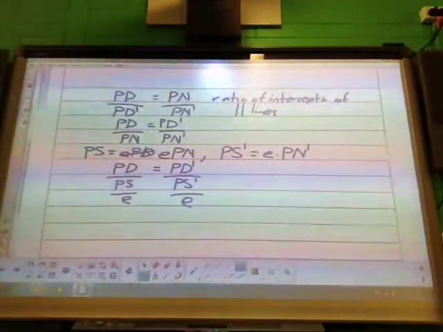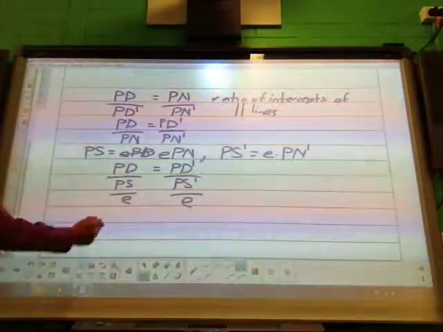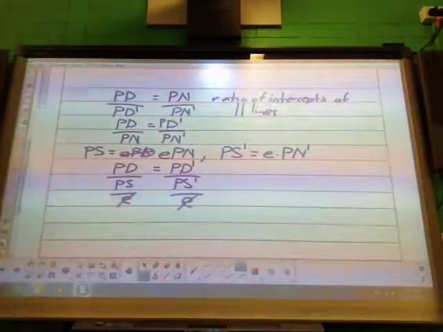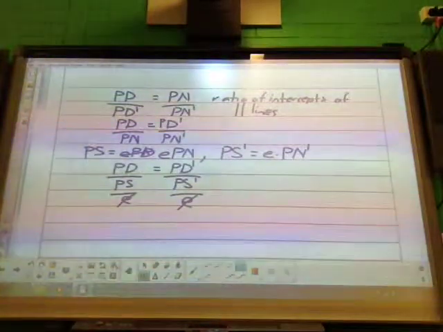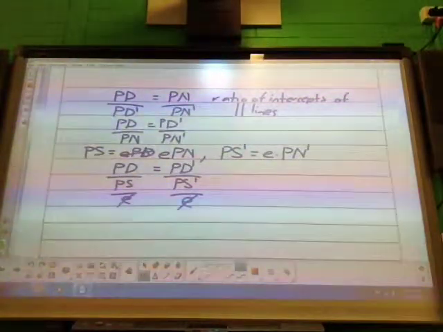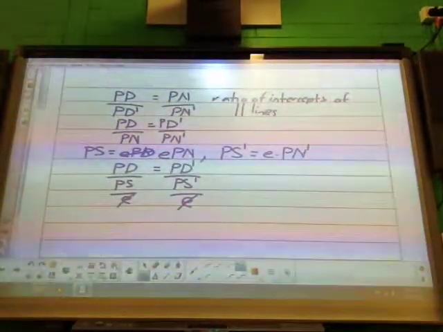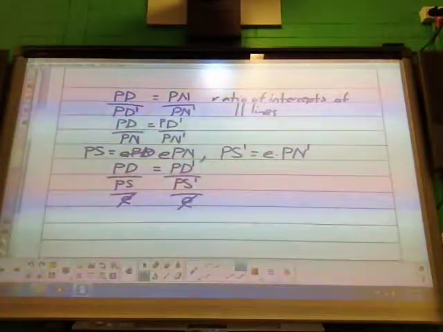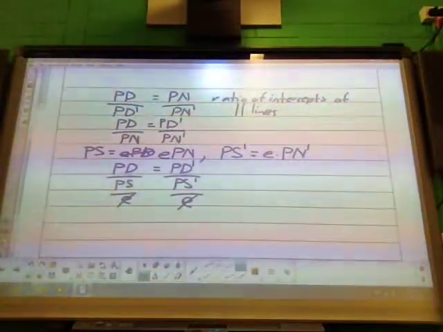Okay, so we've got fractions on the bottom again, however, they will cancel because they're the same constant value on both sides. So we have now PD over PS is equal to PD prime over PS prime.